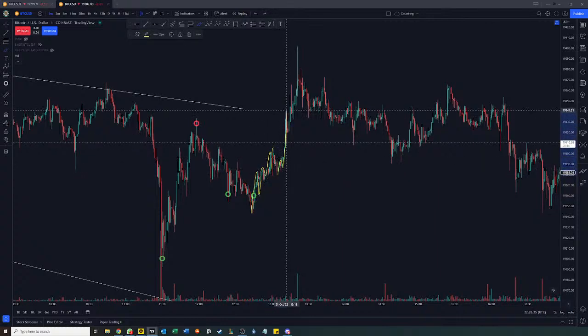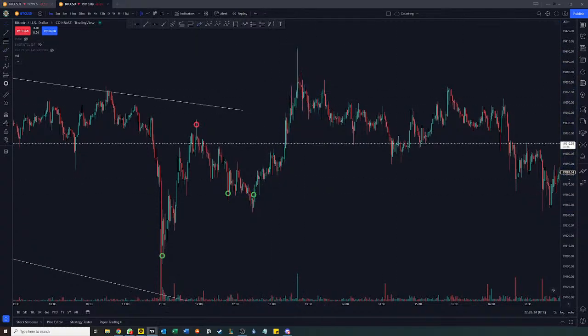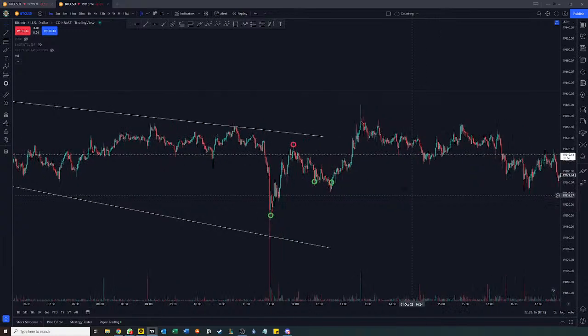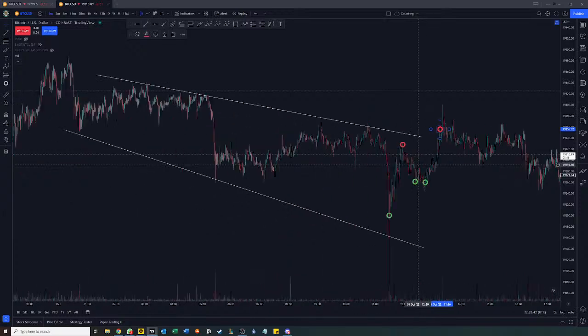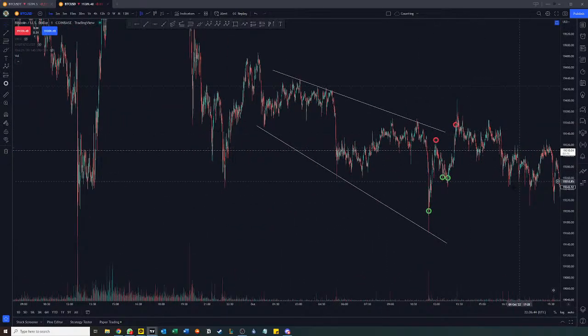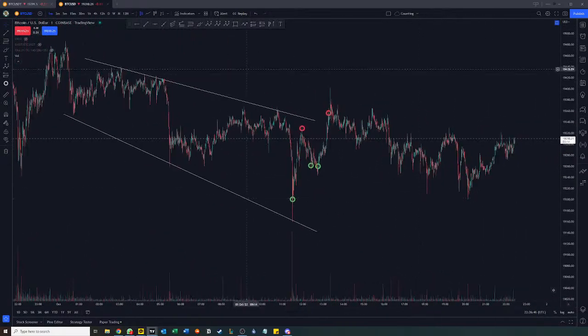And 1, 2, 3, 4, 5. And this trend is 1, 1, 2, 3, 4, 5. And this was where I thought it ended here, so I actually took it out here. I didn't short because I was going to take long again, which I actually took.